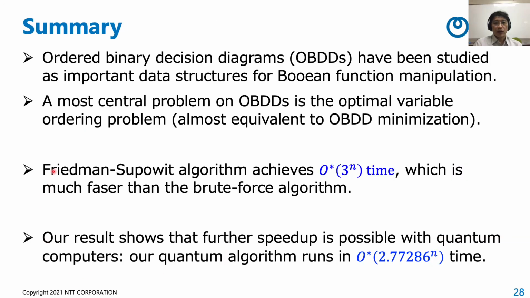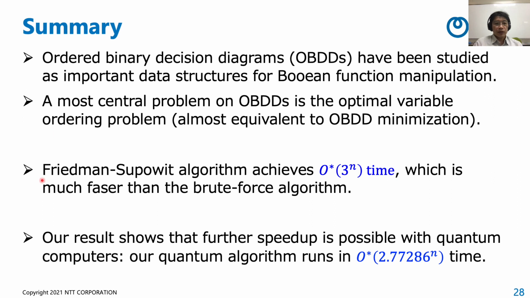Now let me summarize my talk. Ordered binary decision diagrams have been studied as an important data structure for Boolean function manipulation. The most central problem on OBDDs is the optimal variable ordering problem, which is almost equivalent to OBDD minimization.